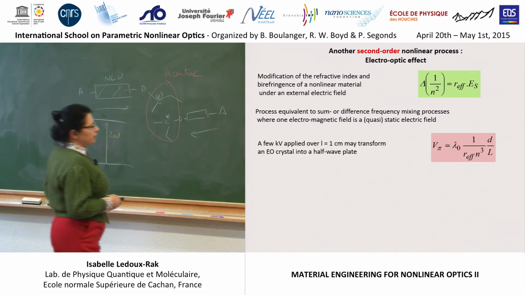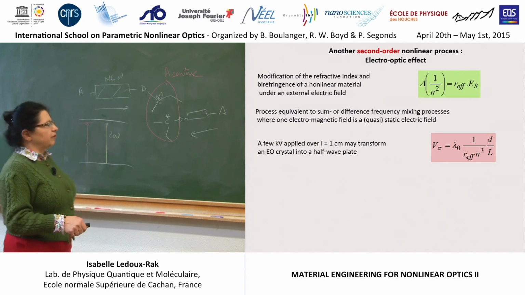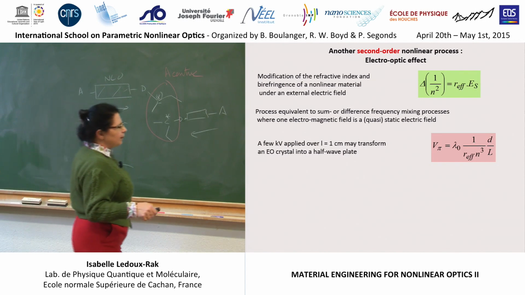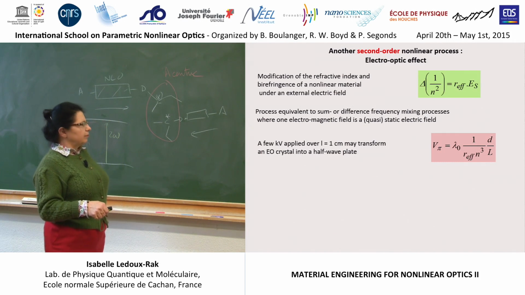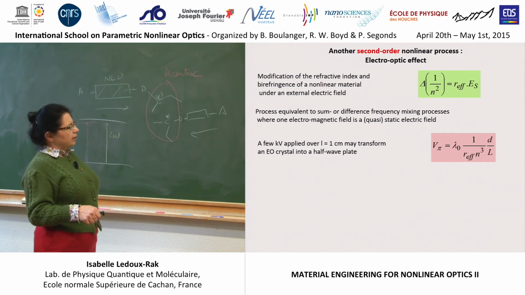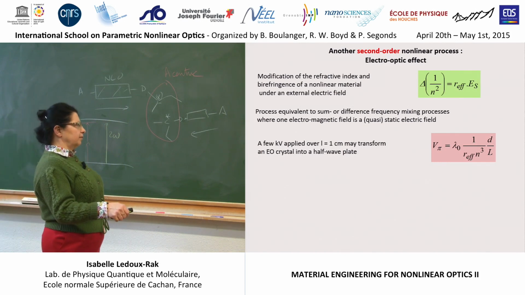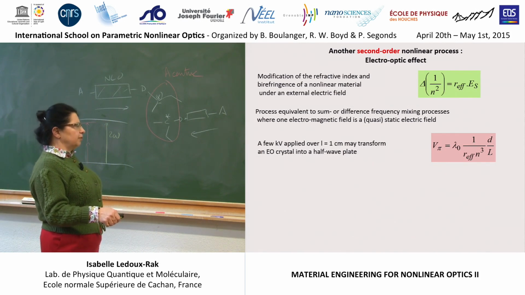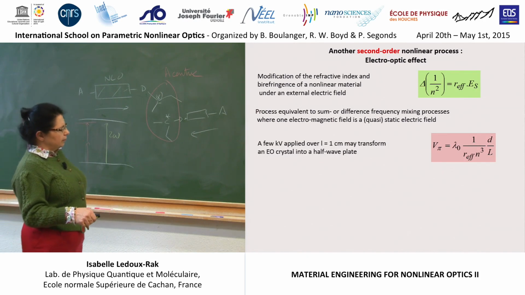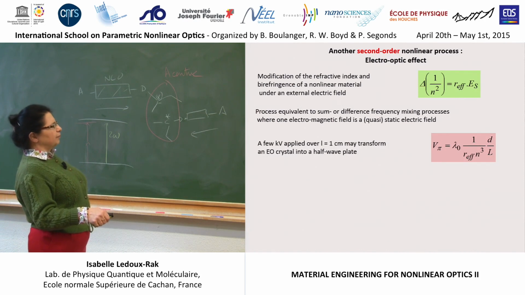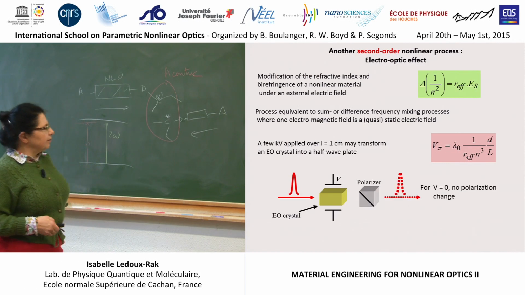We have to define a proper operating voltage, which is the voltage that induces a dephasing of pi in the system, and this is related to the length of the device. The separation between electrodes is in the denominator, this is the length of the device, this is the separation of the modulator, and this is the electro-optic coefficient.